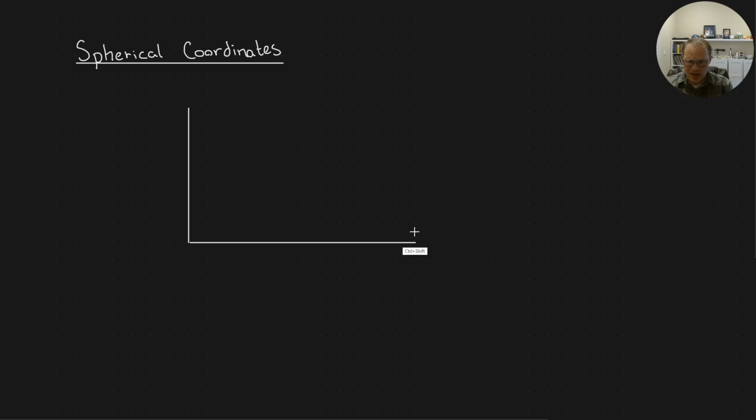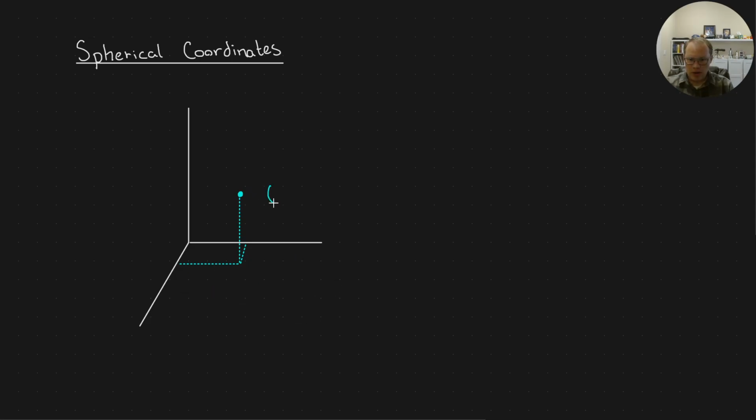Just like how polar coordinates are based on the geometry of a circle, and cylindrical coordinates are based on the geometry of a cylinder, spherical coordinates are based on the geometry of a sphere.